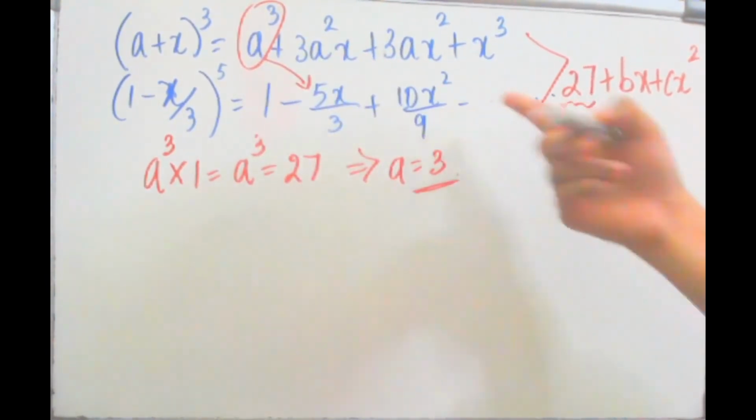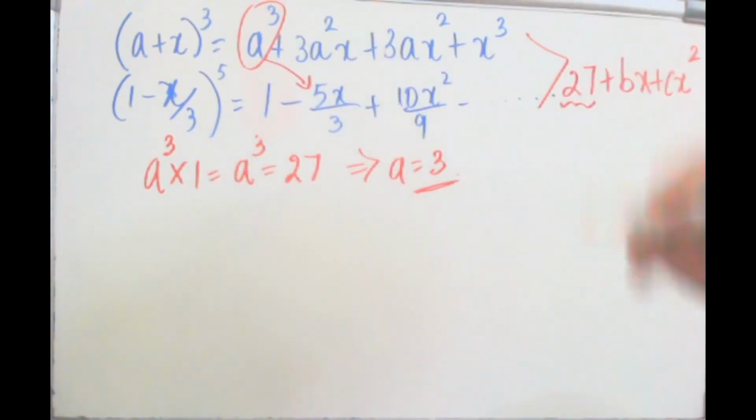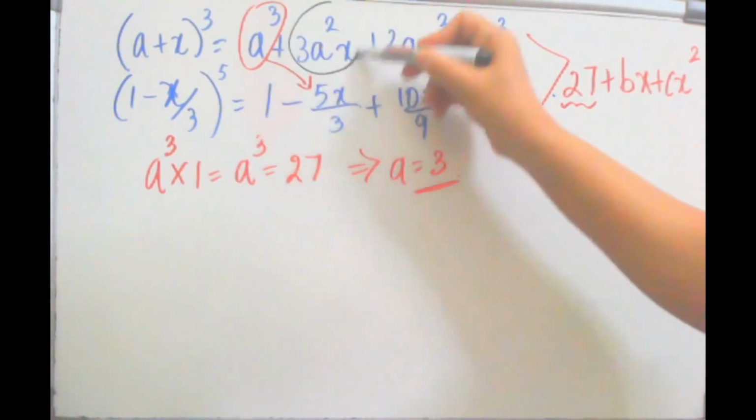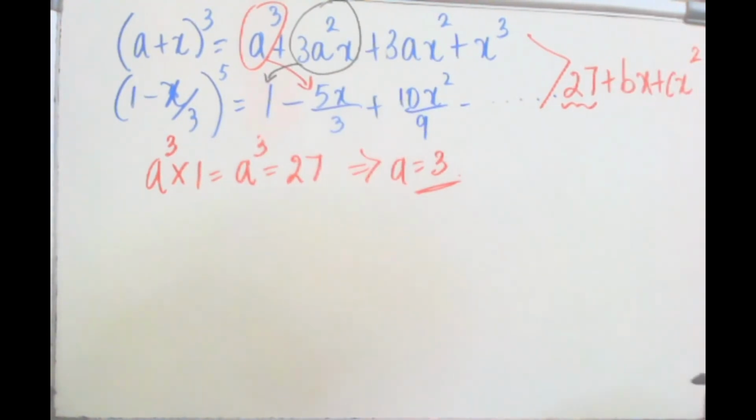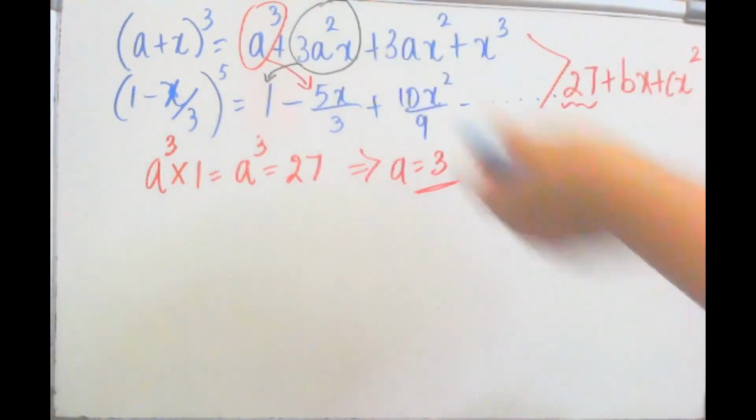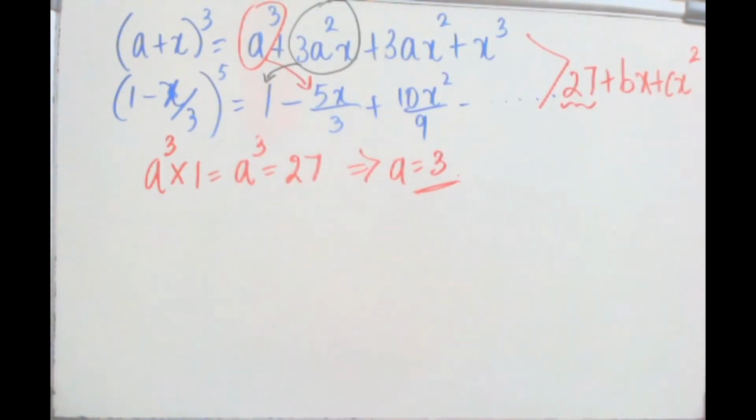So no more terms from here. Now we will select an x term from here, which should be multiplied to the constant from the second one. So those two products are the ones which give us the x term. Okay, so let's do that.